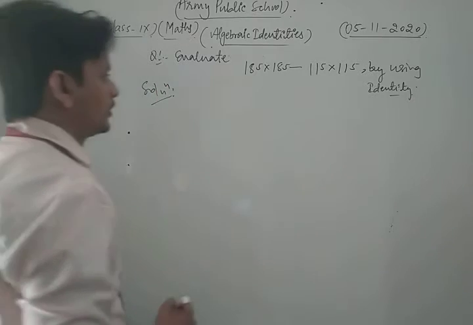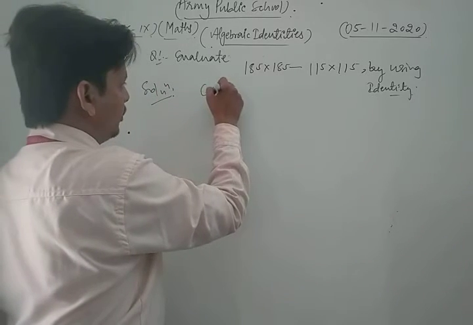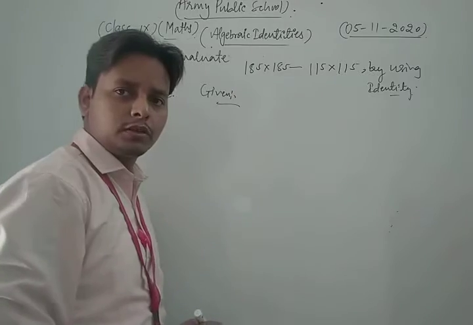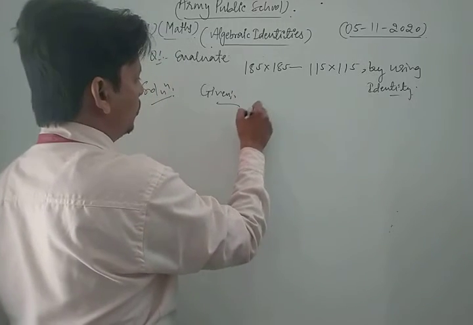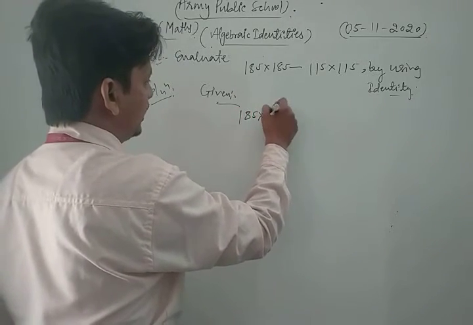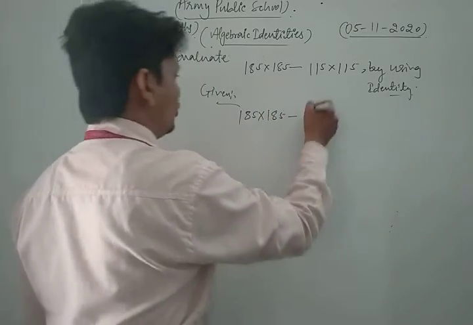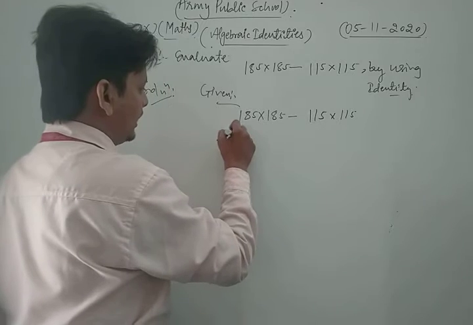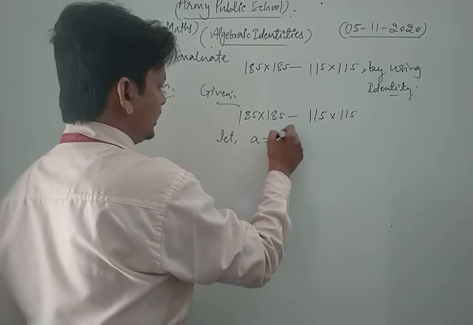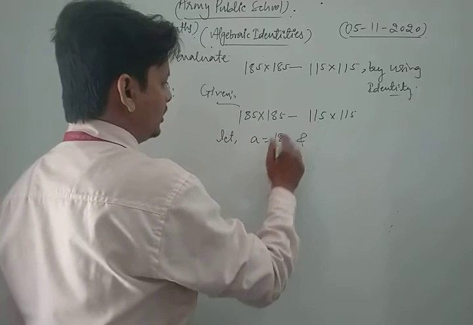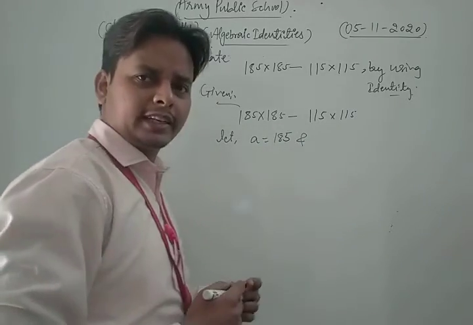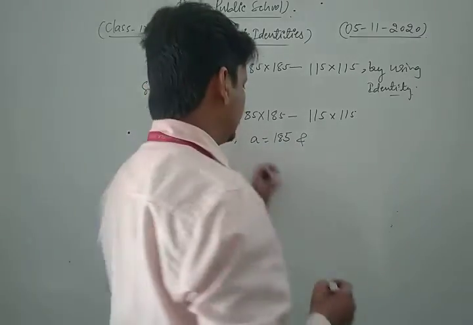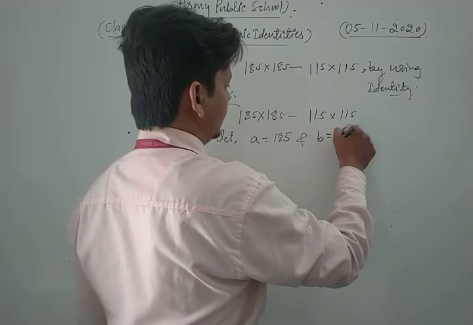Dear friends, first of all we write the given. What is the given, dear students? We have 185 multiplied by 185 minus 115 into 115. First of all, we let a is equal to 185 and b is equal to 115.